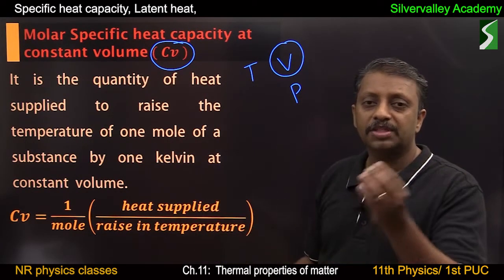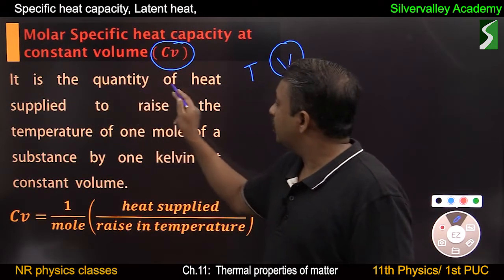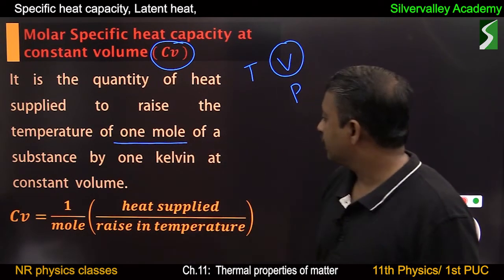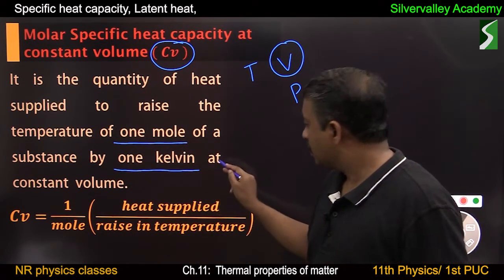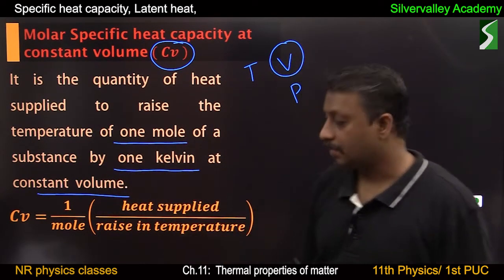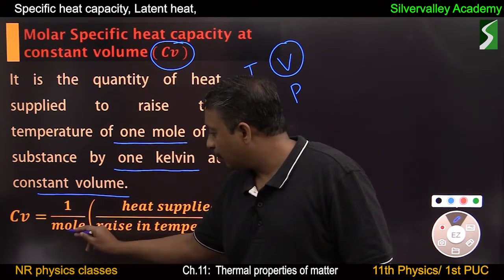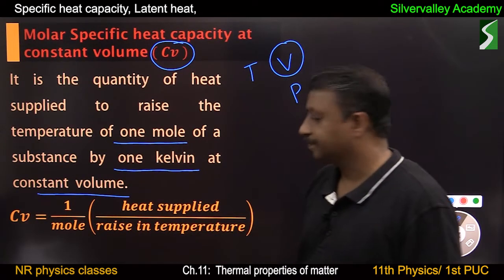Similar statement but a small change. Observe, it is the quantity of heat supplied to raise the temperature of 1 mole of a substance by 1 Kelvin, same as before. At constant volume, we have to include this. Only a change in symbol: 1 by mole into heat supplied by rise in temperature.